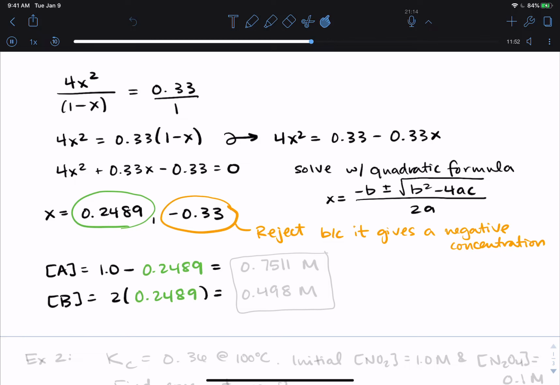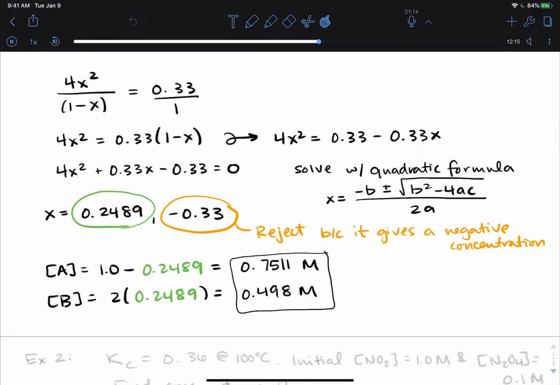So at equilibrium, my concentration of A is 0.7511 molar, and my concentration of B is 0.498 molar. And these are my actual answers at equilibrium.